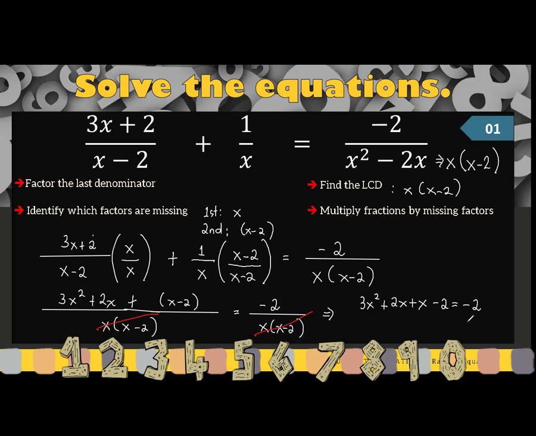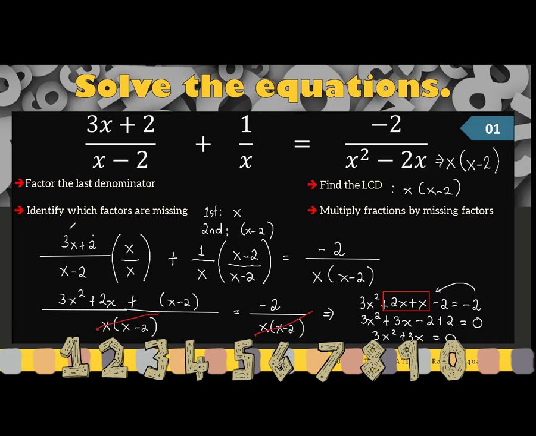Solve for x by combining like terms, then write in standard form. Now we can simplify these two terms here, and that will give us a result which is 3x. Also, this 2 will give a sum which is equal to 0. So the equation is simplified as 3x squared plus 3x.